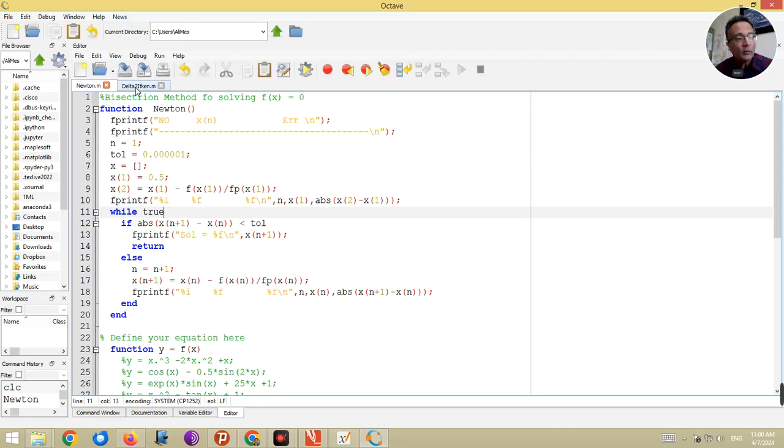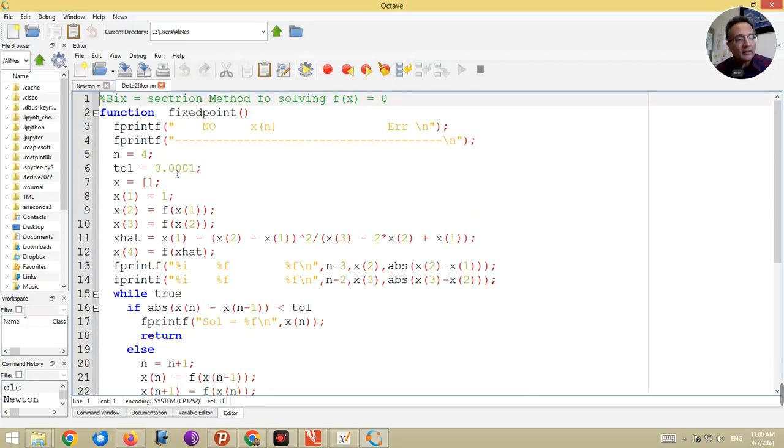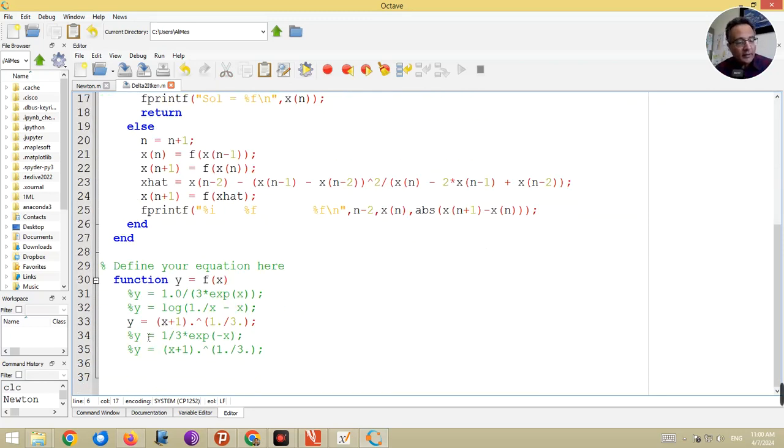Now let me do exactly the same equation with the same accuracy. Let me change the accuracy to 0.001, and I define y as x plus 1 to the power of 1 over 3. Now let me try the equation.